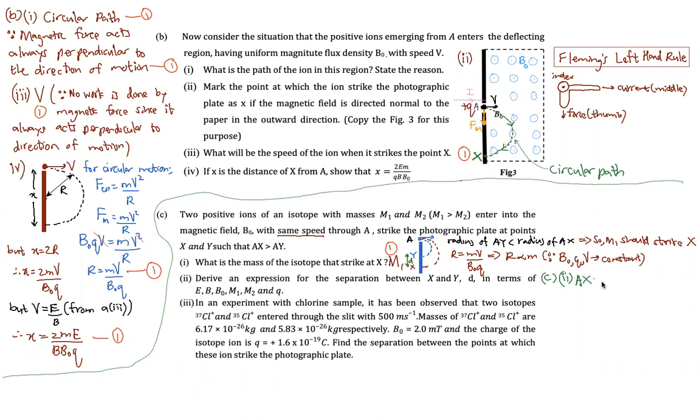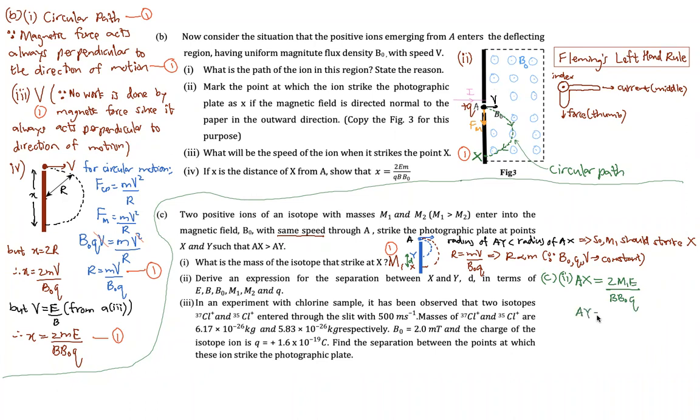Length AX is equal to 2m1E over BBQ. Correct? Yeah, that's it. And what is AY then, people?